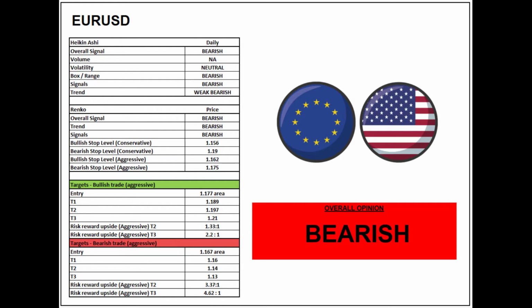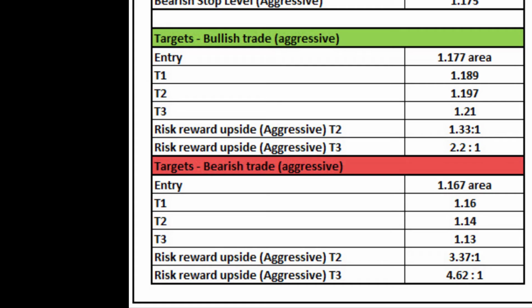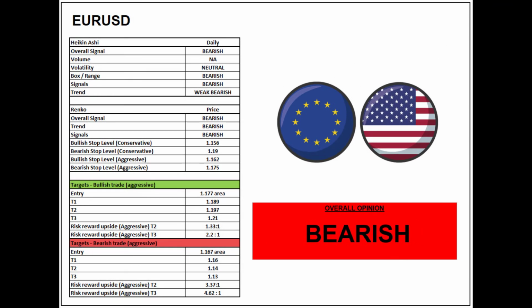And if we focus in on the targets, we can actually see there are better looking trades to the downside, with 3.37, 4.62 to 1. There is some upside in there, but not a lot before it gets into a lot of noise. It's going to have to work hard to be bullish going forwards. Maybe some significant fundamental news or event might change that, but at the moment, overall, Euro USD looking pretty bearish.